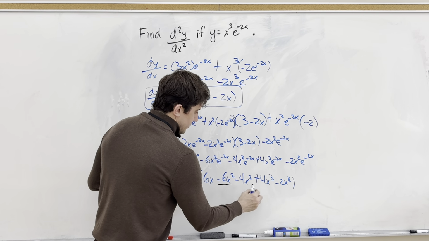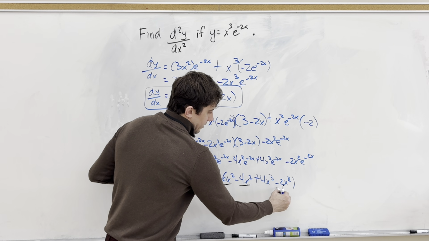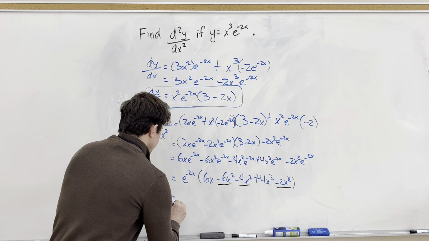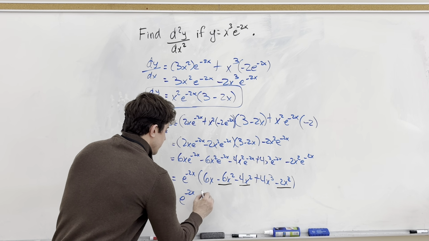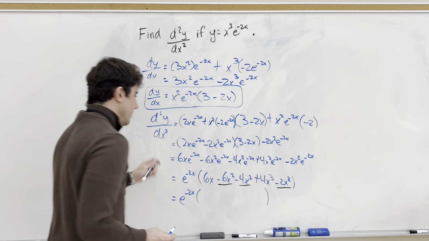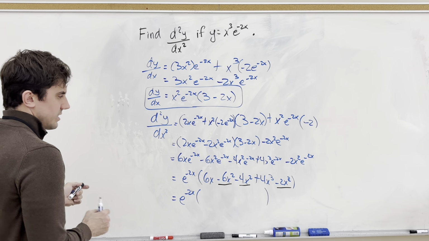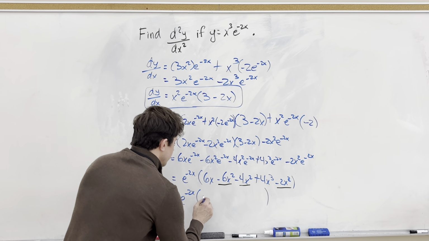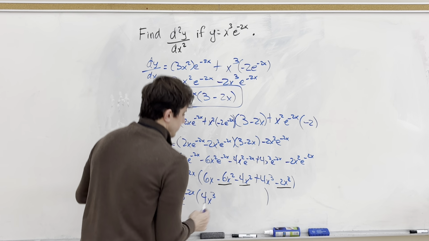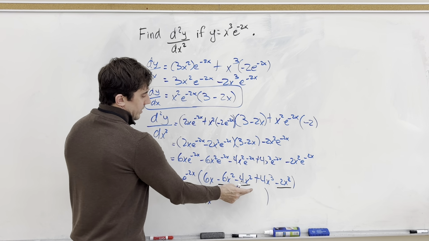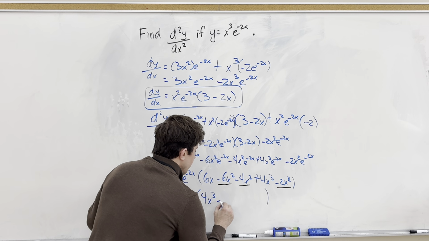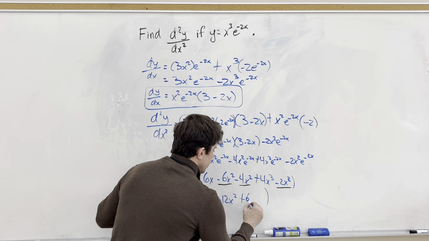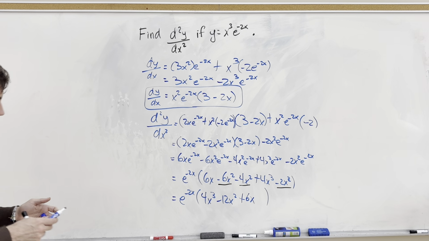You have minus 6x squared minus 4x squared minus 2x squared. And so to finish this off, we're going to have e to the negative 2x times, let's organize this as we would any other cubic equation. So let's do 4x cubed first, minus 6x squared minus 4x squared minus 2x squared means minus 12x squared. And then at the end, plus 6x.